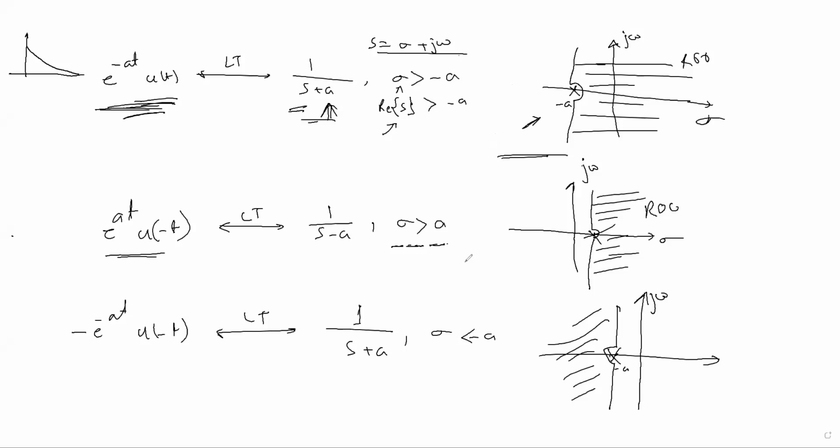So, come to solve some problem. Let me solve how to find the Laplace transform of the unit step signal. Okay, that is also very important. Find the Laplace transform of u of t.